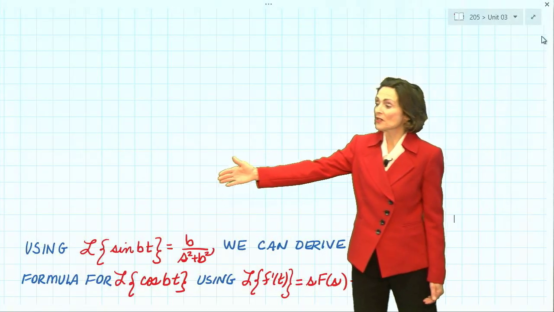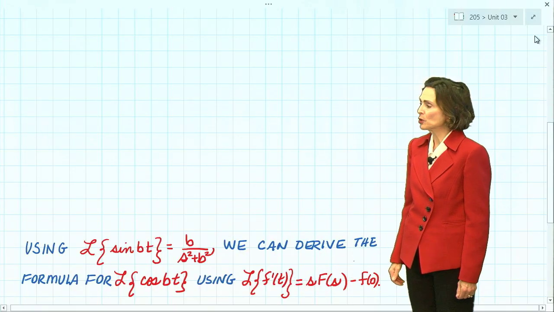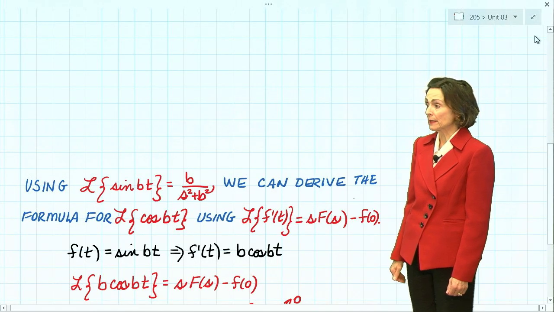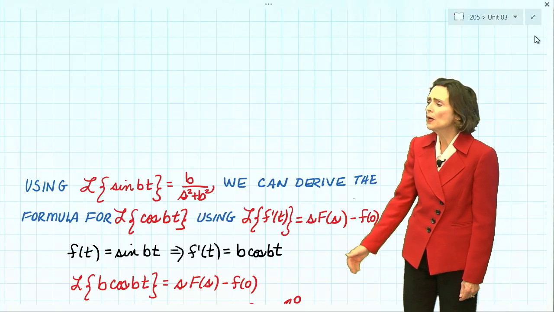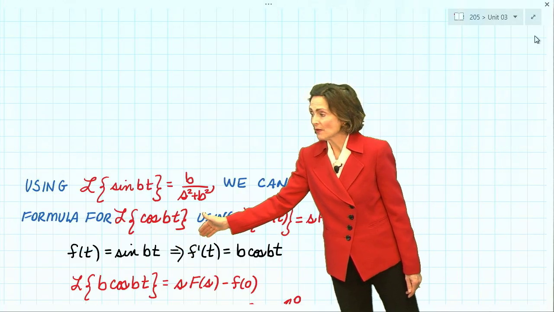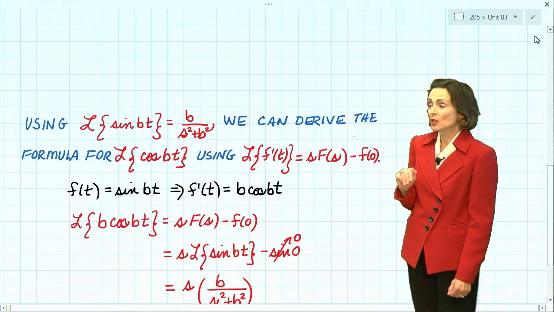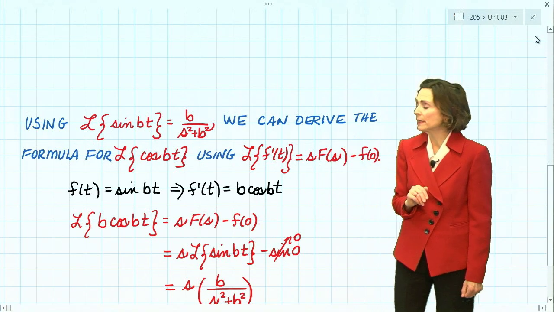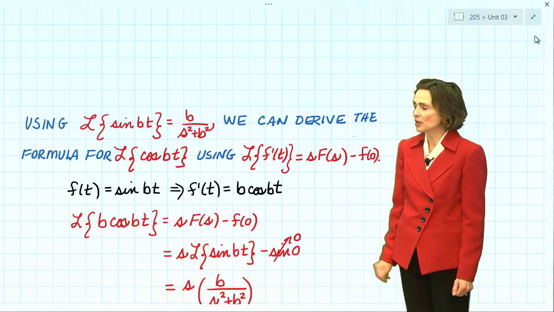And we can use it to find the Laplace transform of cosine bt because we know the Laplace transform of sine of bt. If f at t is sine bt, the derivative, f prime, is b cosine bt. So the Laplace transform of f prime is s, capital F at s, minus f at 0. So that's s times the Laplace transform of sine of bt minus little f, which is sine of 0, which is 0.